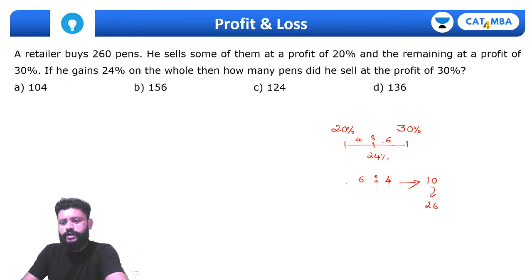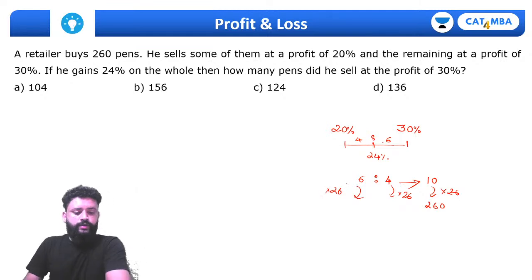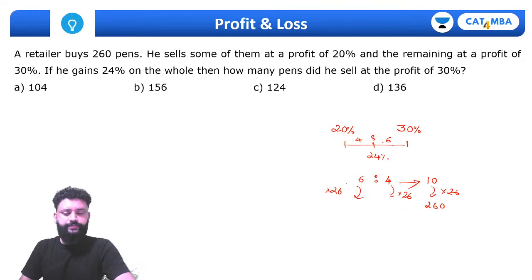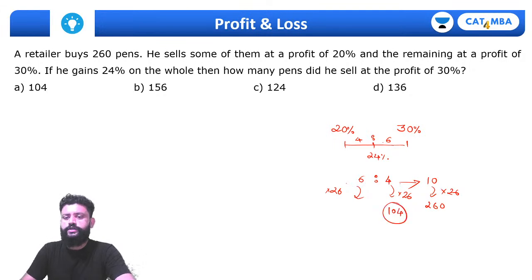हमें पता है टोटल 260 है, तो यहाँ पे कितना आएगा, 26 से मल्टीप्लाई किया गया है यहाँ पे, तो 26 into 4 and 26 into 6. जग्गू, शिवम, समझ में आ रहा है तुम लोगों को? अभिषेक, 26 into 6, 26 into 4, so it should be 104 and 156. हमें कौन सा पूछा है, how many pens did he sell at the profit of 30%?